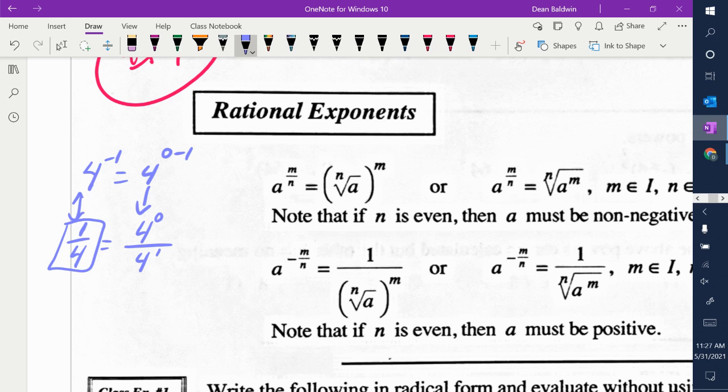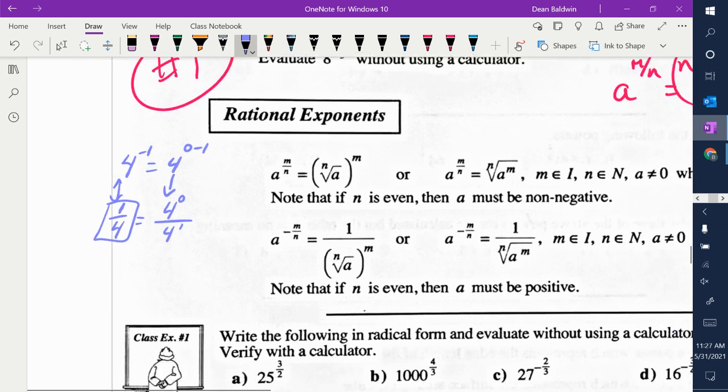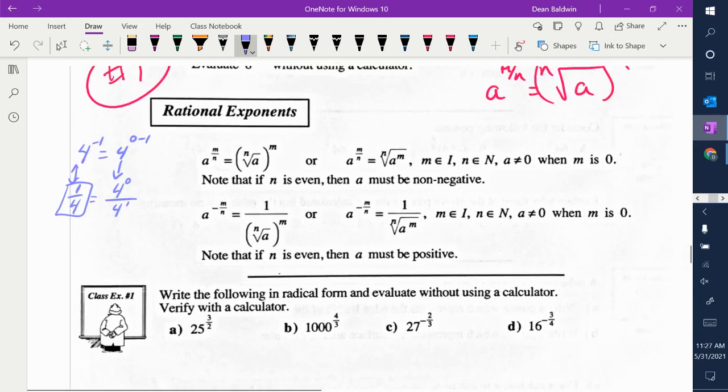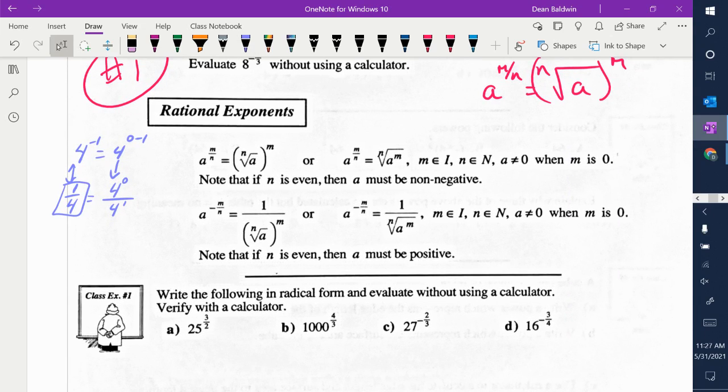So if you have a negative exponent, first thing is whatever has the negative exponent goes to the denominator. And then that exponent becomes positive. So if I gave you, let's make one up here, 3 to the negative 2.